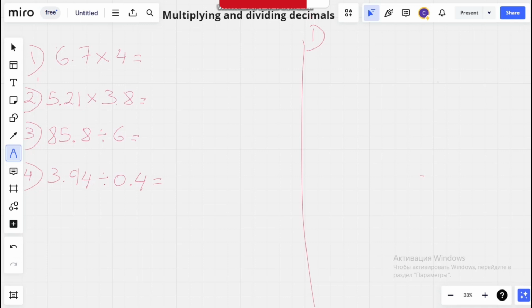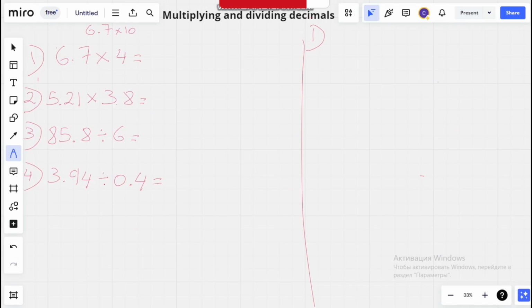Okay, welcome back. So for today we have multiplying and dividing decimals. Now we have 6.7 times 4. We already talked about this topic, but we talked about when it is times 10, 100, 1,000, 10,000, 100,000, 1 million.